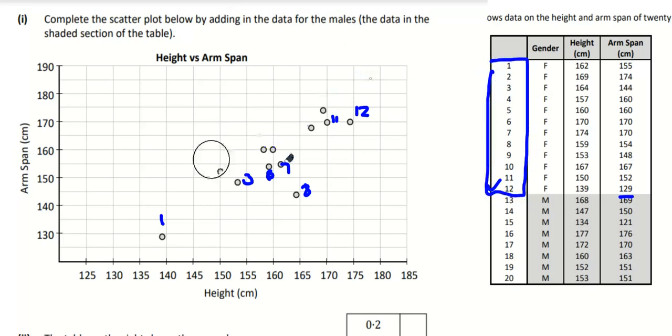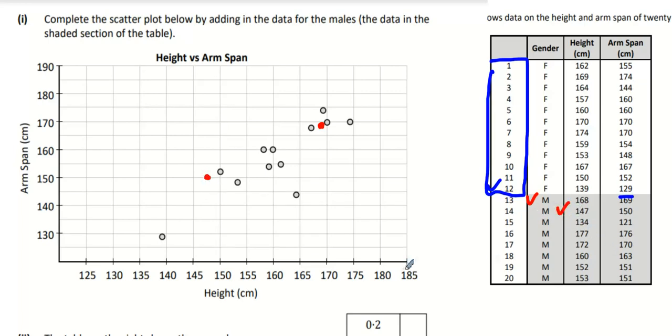Okay, so we're going to start adding in the male scores now. I'll add in the male scores using red, right? So 168 about here, and 169, so 168 and about 169, just below the 170 mark, somewhere in there. Done. 147, which is just below halfway point, and 150 will be here.